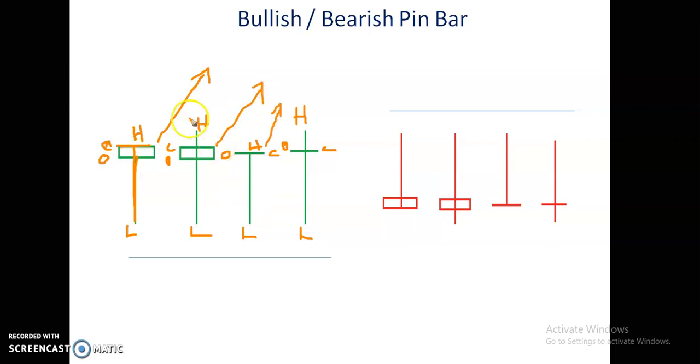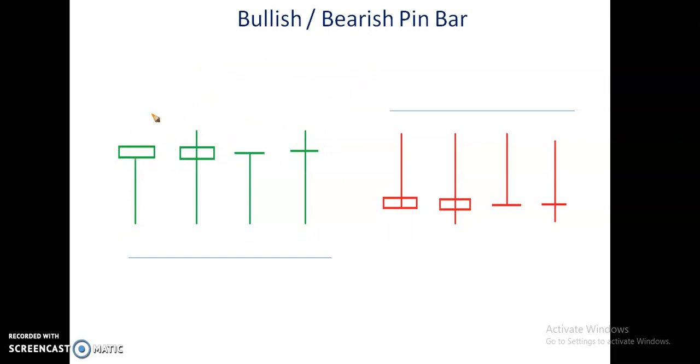One thing always remember: don't go for a buy just by seeing this type of candlestick pattern. This candlestick pattern should appear in the right place and the right direction. Let me explain. Suppose price is running in an uptrend.